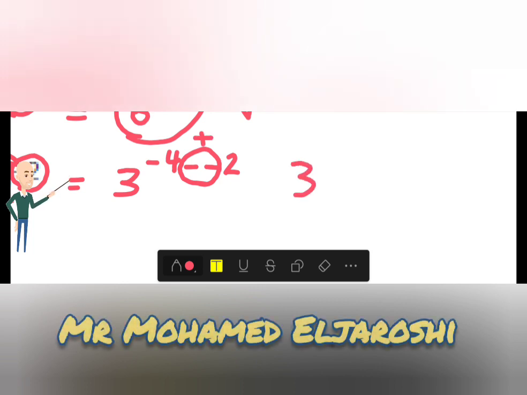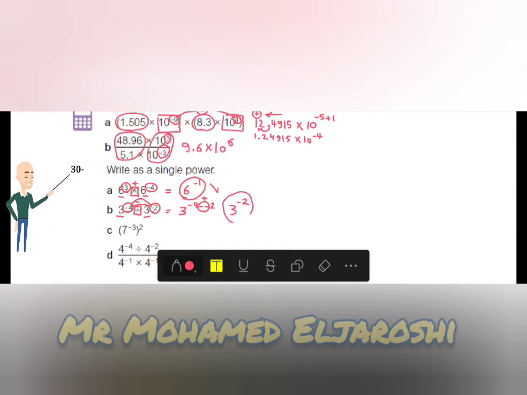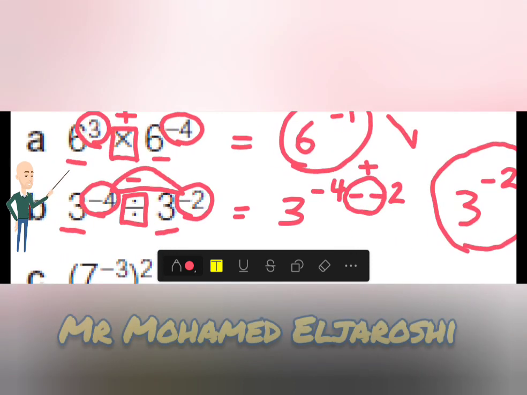So it's going to be 3, and negative 4 plus 2 equals negative 2. And this is the final answer. Very good. So focus on dividing. So dividing here means what? It means subtracting the powers. But multiplying means adding the powers. Very good. And subtract means put the negative sign here between them.